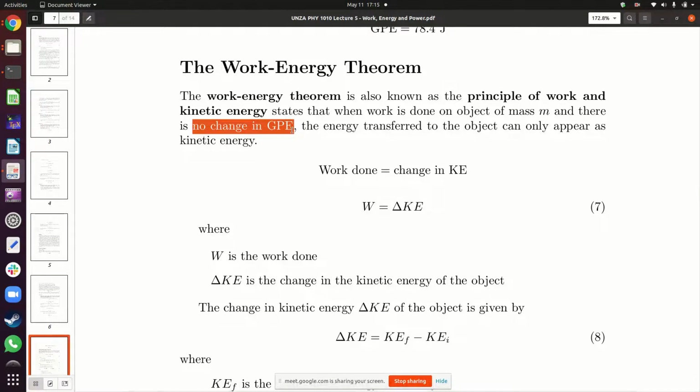So the work you have done does not result in a change in gravitational potential energy.